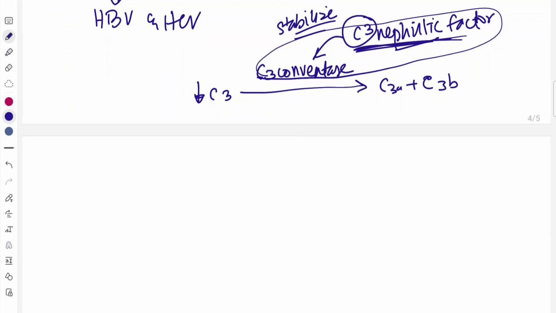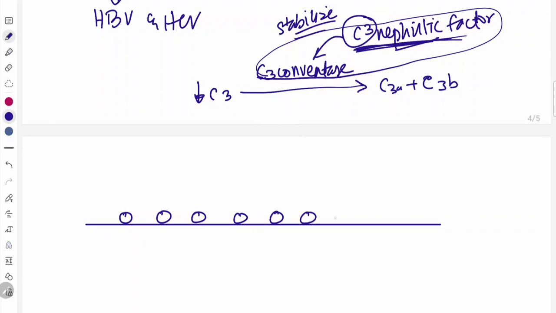Because of a problem seen electron microscopically, what you're going to see on light microscope is a tram track appearance. What is happening is that we have this membrane, a basement membrane, and in the basement membrane we have deposits. What is below it?